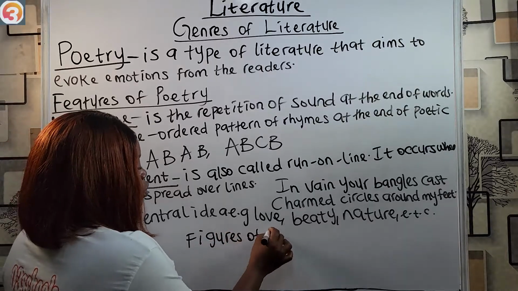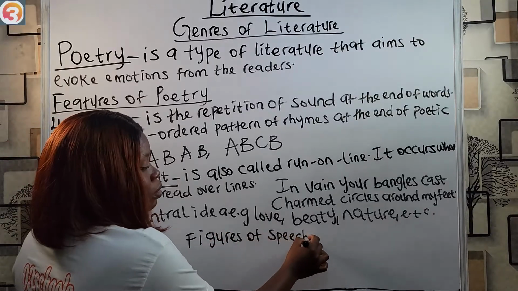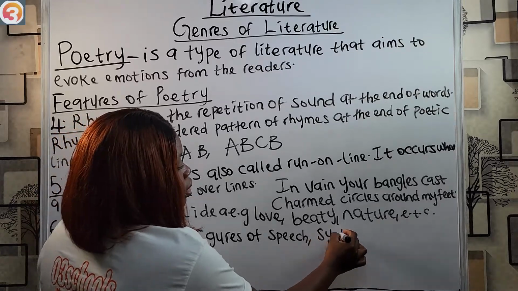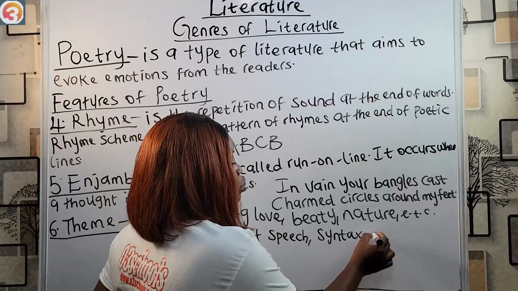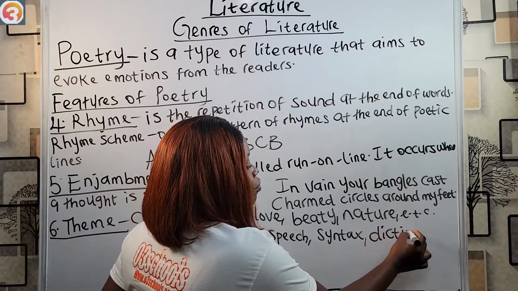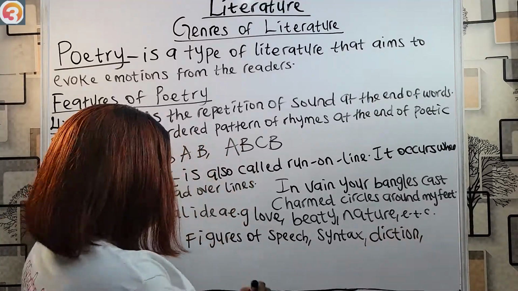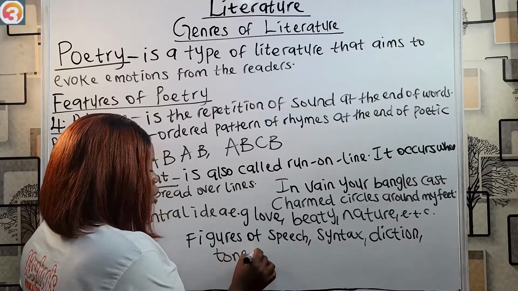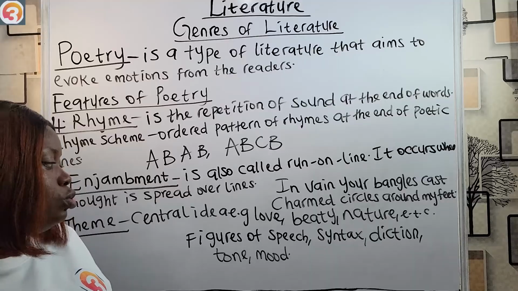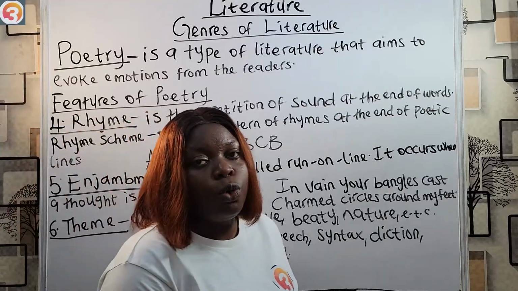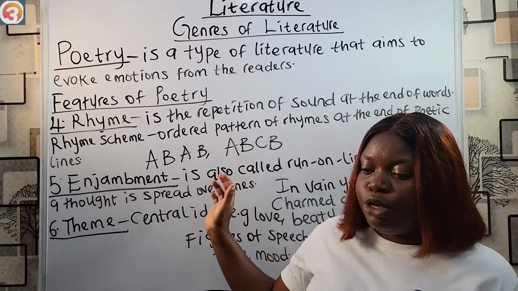You can check out the videos on figures of speech. It contains syntax, arrangement of words, and diction too. Poets also have to note their word choice, tone, mood, as well as other literary devices that we've also looked at. They are also features of poetry, but these are the major ones.